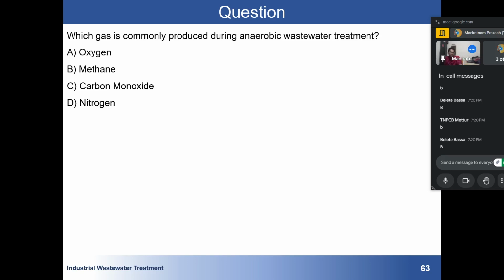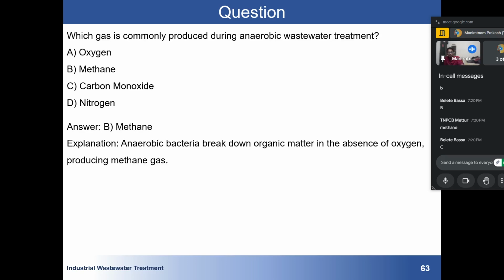Oxygen, methane, carbon monoxide, nitrogen: methane. Good. B is correct. We know that this methane is also known as biofuel.